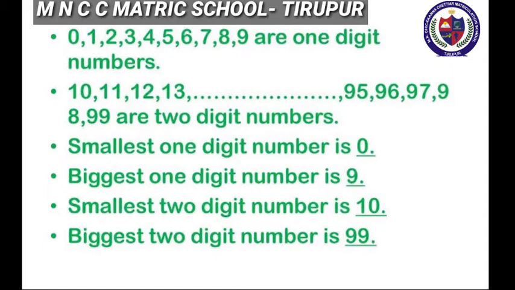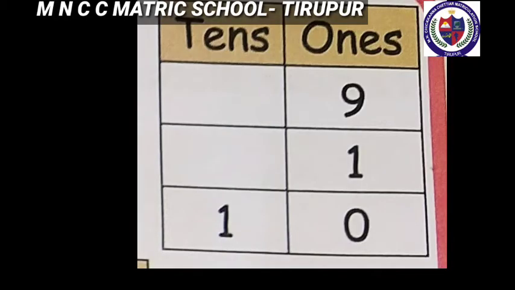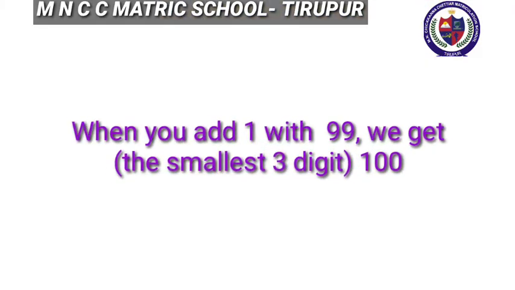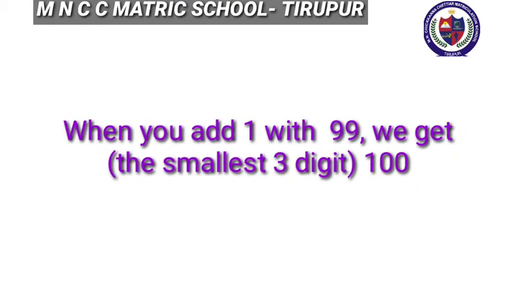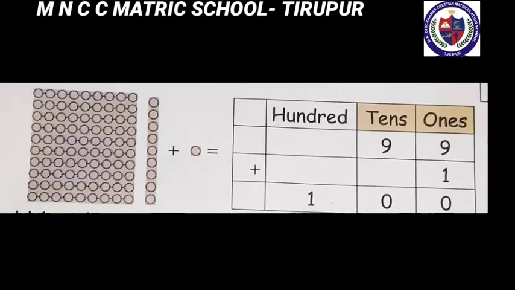The smallest 2-digit number is 10 and the biggest 2-digit number is 99. When we add 1 with the biggest 1-digit number 9, we will get the smallest 2-digit number 10. When you add 1 with the 99, we get the smallest 3-digit number 100.